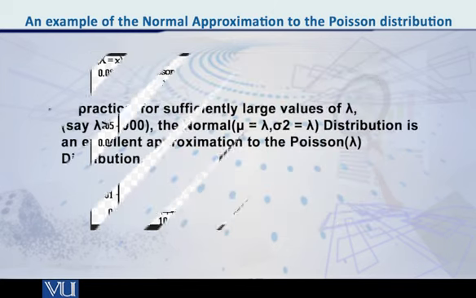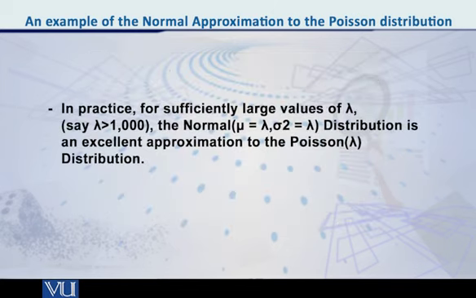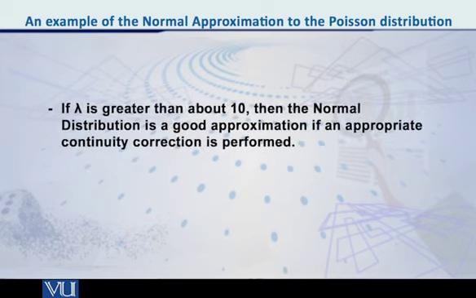infinity. अब practically अभी देखा 30 पे आपने, लेकिन actually अगर lambda ज़्यादा large हो, for example, if lambda is greater than 1000, then the normal distribution is an excellent approximation to the Poisson distribution. Generally, we will not have lambdas so big.